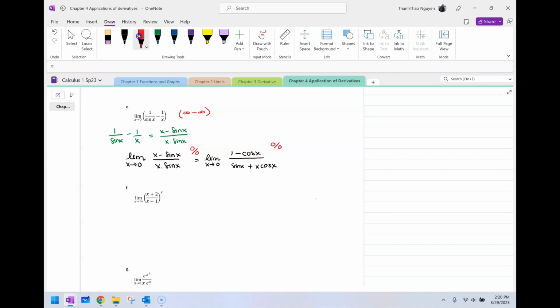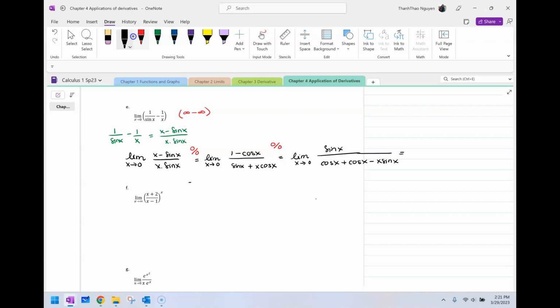So we go ahead and apply the L'Hospital rule one more time. The limit as x approaches 0 of sine of x divided by cosine of x plus cosine of x minus x times sine of x.